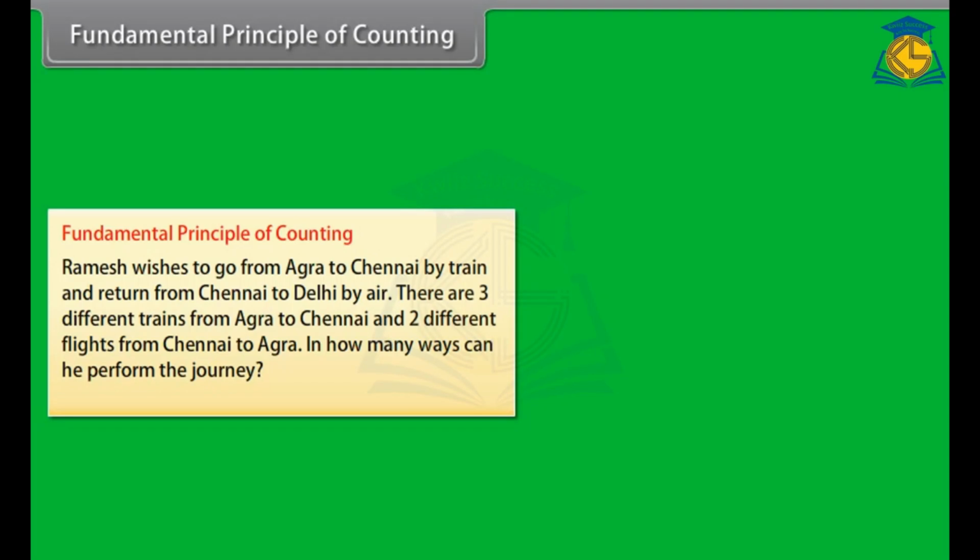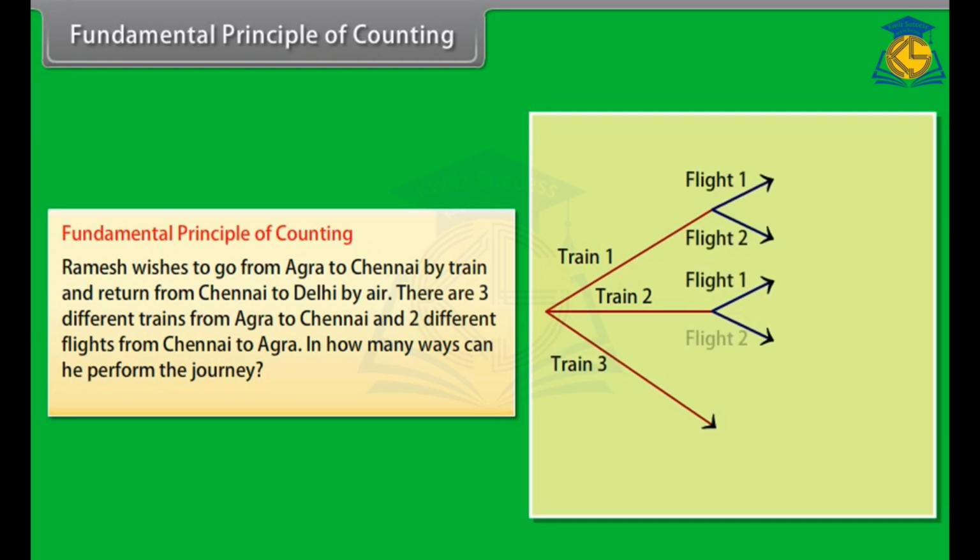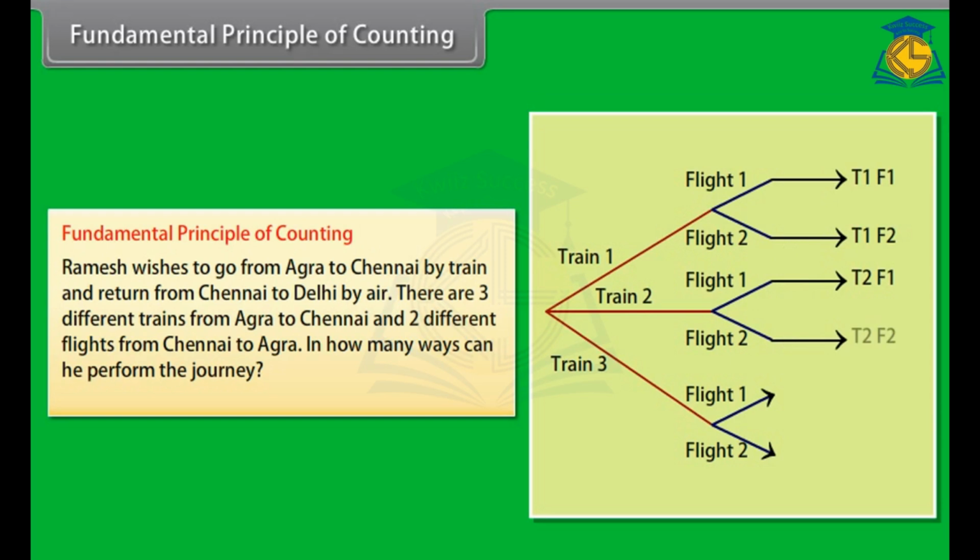In how many ways can he perform the journey? Solution: since he can choose any one of the 3 trains for going to Chennai, and for each such choice he has 2 choices for returning to Agra, he can perform the journey in 3 into 2 ways, that is, 6 ways.